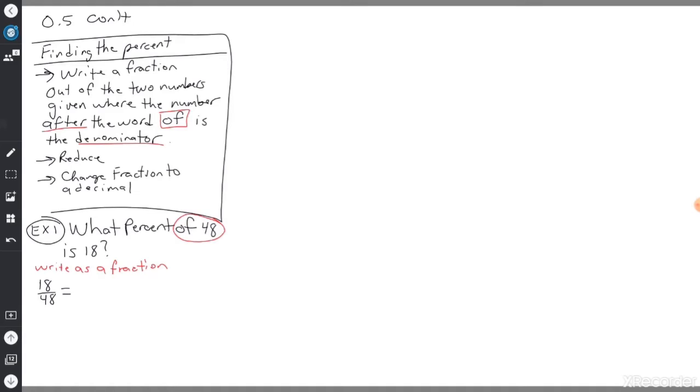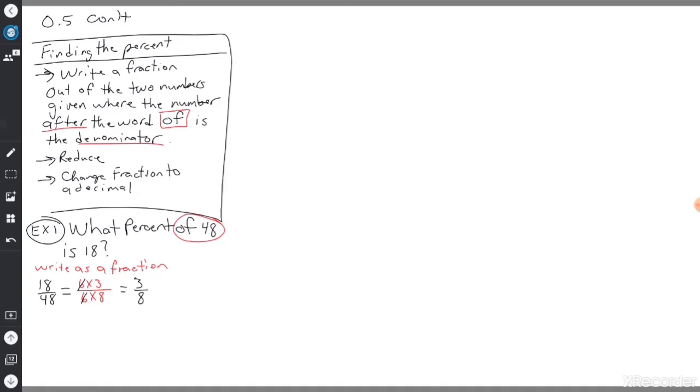So if we do that, we can start out by looking at what we can break this down to. So we can break that down to 6 times 3 and 6 times 8. So we can cancel out the 6's. And we're left with the fraction 3 over 8.